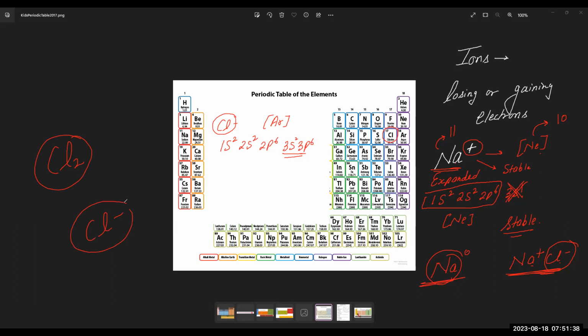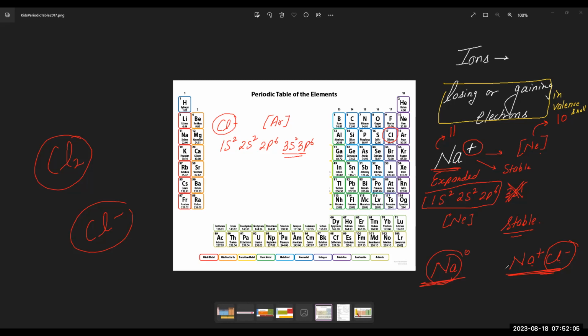Is it clear? I'm adding one more phrase here: losing or gaining electrons in the valence shell, the outermost shell. You will add electrons in the outermost shell, and you will remove electrons from the outermost shell, right?